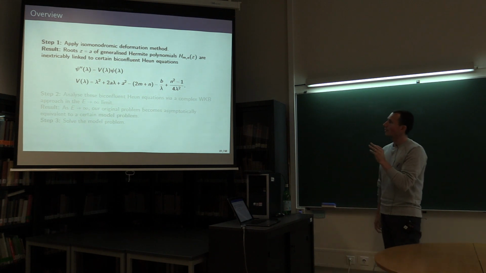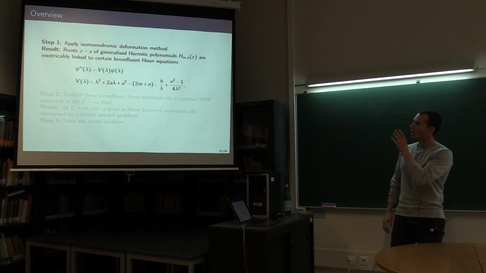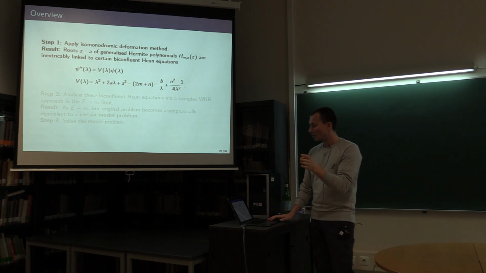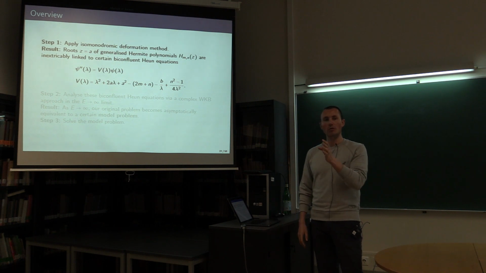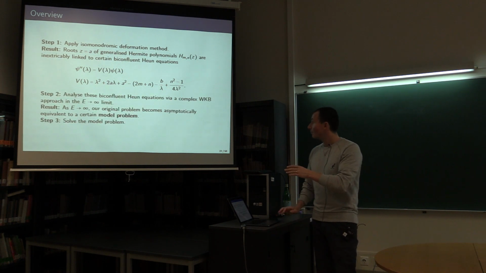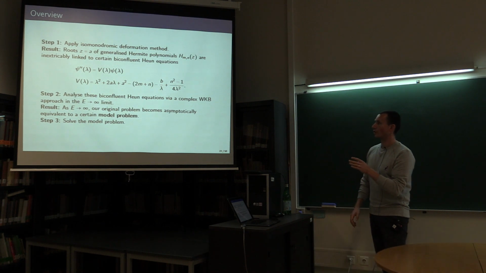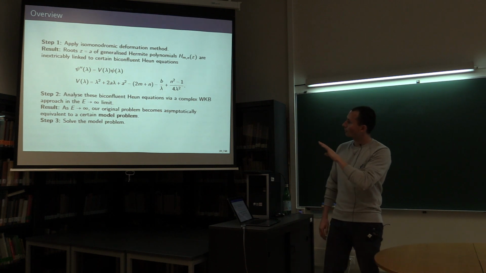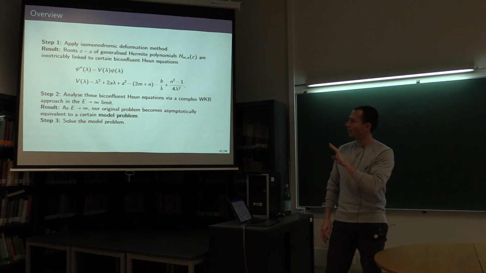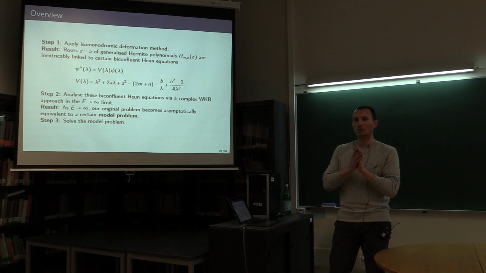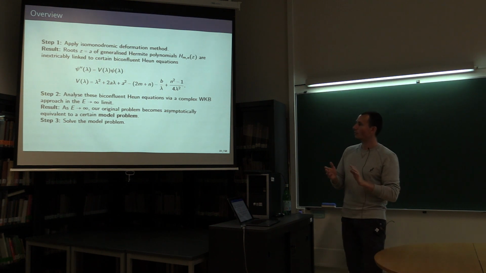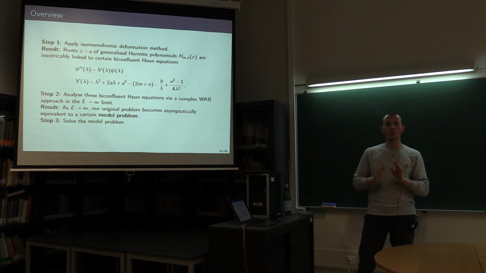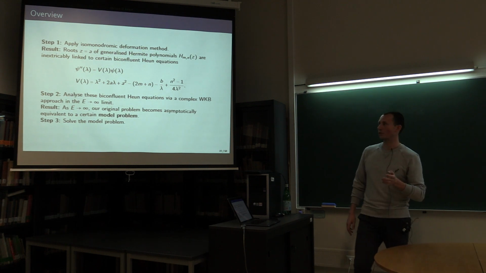With this information, we can translate the problem to a problem on biconfluent Heun equations. And these we can study asymptotically using WKB methods. And then finally, from the WKB analysis, we see that as n goes to infinity, the original problem translates to a specific model problem, which we can solve explicitly. And then by going back, we find finally the distribution of zeros of these polynomials.